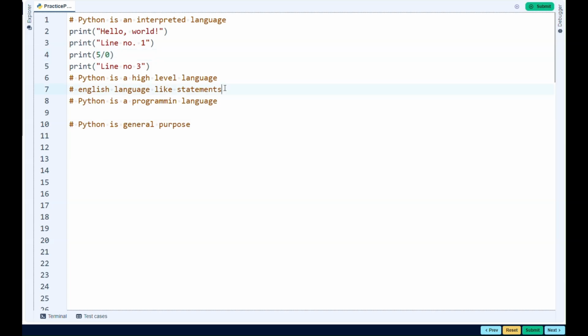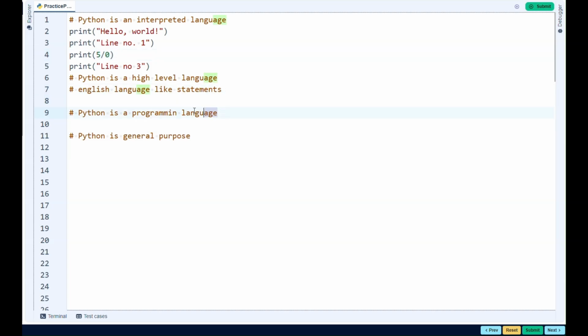Now, the most important aspect: Python is a programming language. First, I am speaking in English to communicate my ideas, to make you understand, right? A programming language is the language used by humans to communicate with computers.